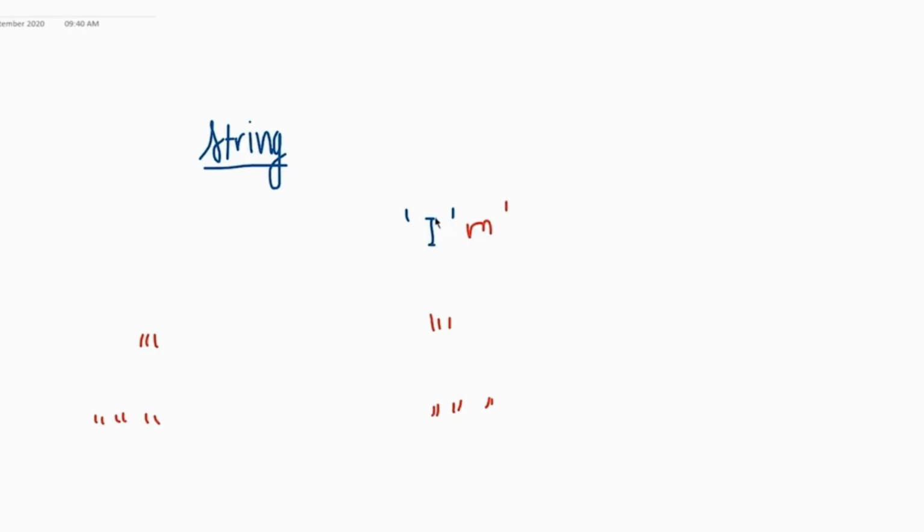Now what happens here is when the interpreter reads your code, it scans it this way, and when it sees that a string is opening here, and when it reaches this inverted comma, it thinks that the string has closed, and there is this undefined piece of code right here which it does not understand.